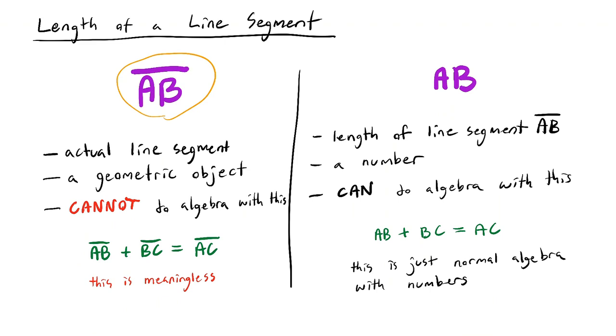Okay, when there is no line segment over it, and we just have the AB, now we're talking about the length from A to B. And we're defining this right now. This isn't something you should have already known. So when we don't have a symbol over the AB, we have 2 capital letters by themselves, that always means the distance from point A to point B in a straight line.